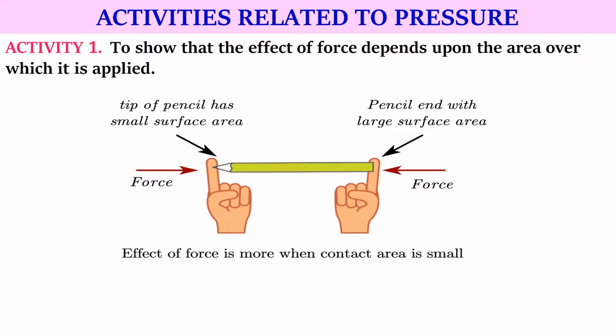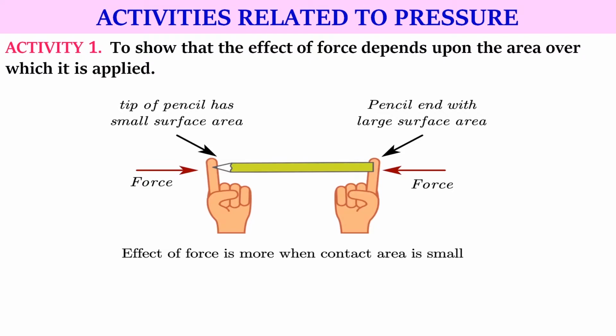Now, hold the pencil between the index fingers of both your hands and press it from both sides. On which finger do you feel pain? Of course, the finger on which the pointed end of the pencil is placed. What is the reason behind this?